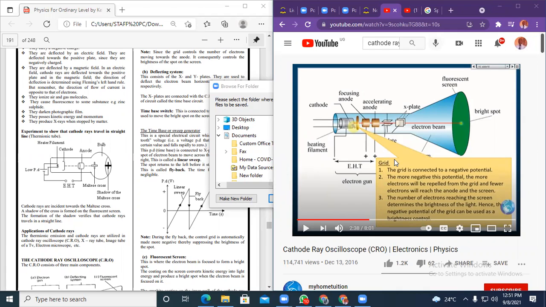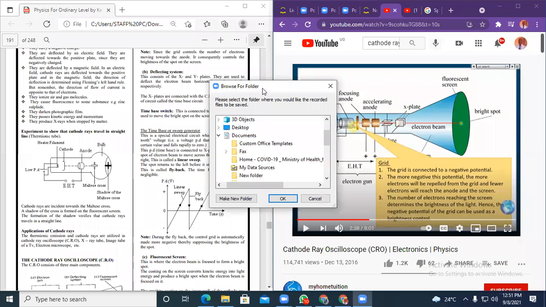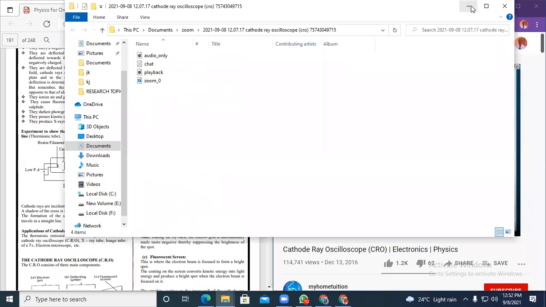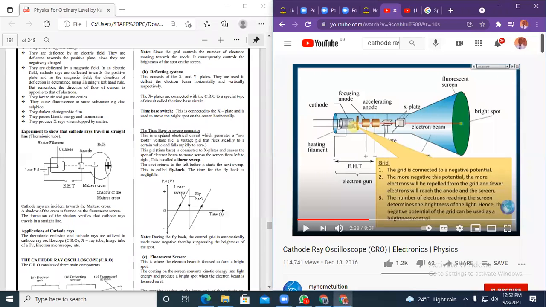Since the brightness depends on the number of electrons, as more electrons reach the screen, the intensity of the brightness of the spot increases.